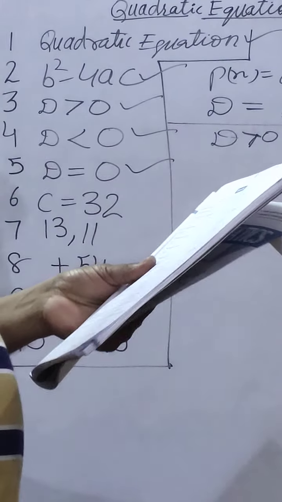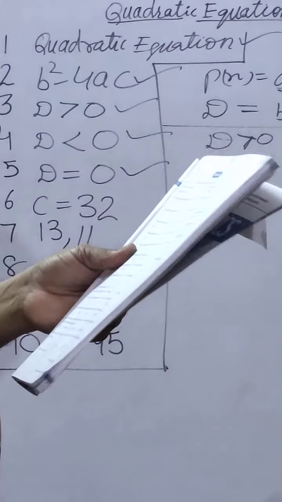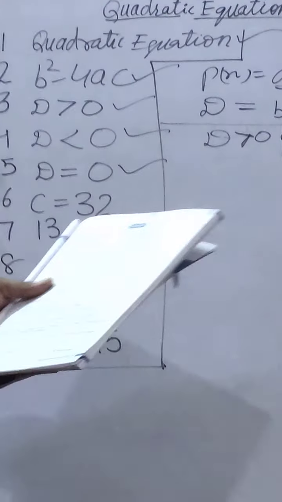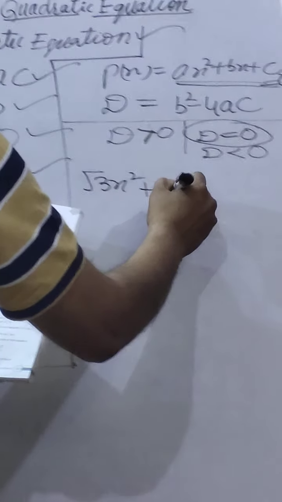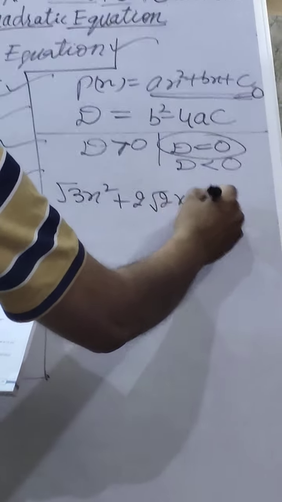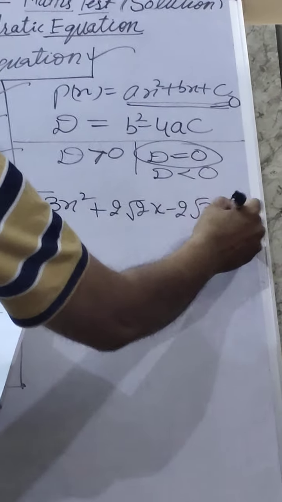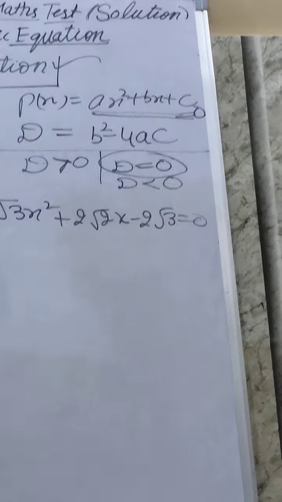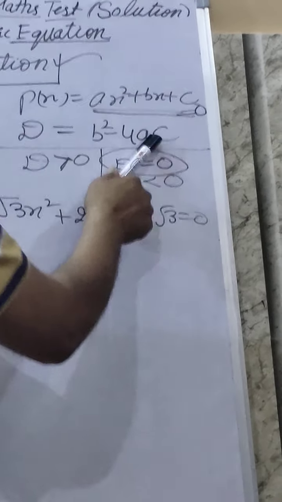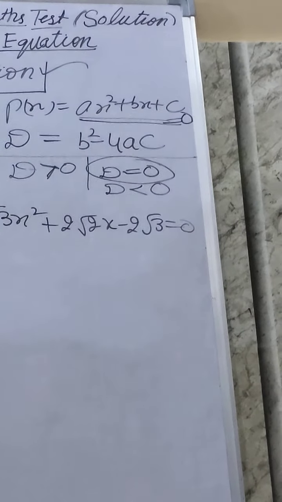Understand? Now sixth question. What is asking? The value of discriminant of the quadratic equation root 3 x square plus 2 root 2 x minus 2 root 3 equal to 0. We have to find out the discriminant. That is, b square minus 4ac you have to find out.